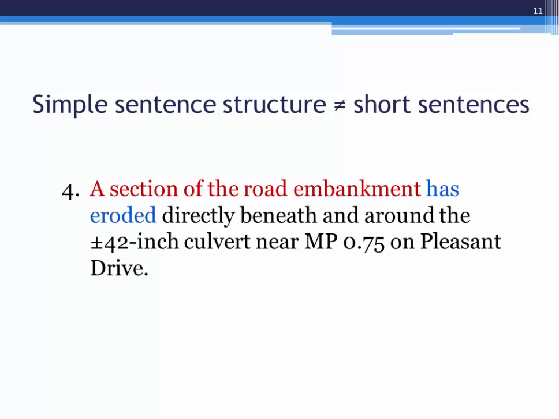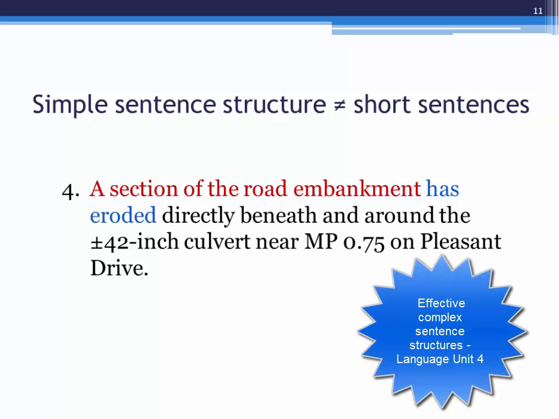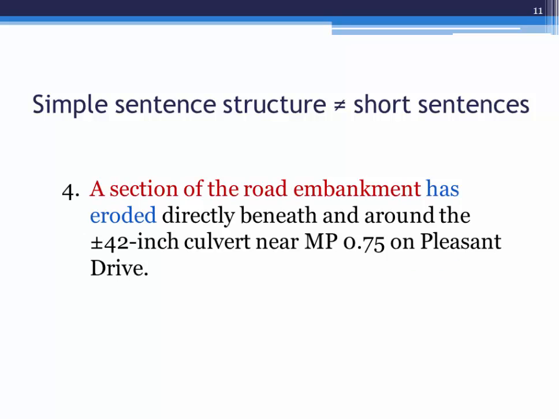You'll need specific wording for precise, accurate information, but you can still have one main idea and a simple sentence structure. Now, it's true that some content requires connecting ideas in sentences. So our next language unit covers how to use complex sentence structures effectively. But for now, let's go on to what you can do to practice writing effective sentences with simple sentence structure.